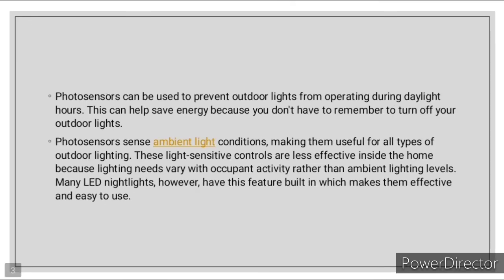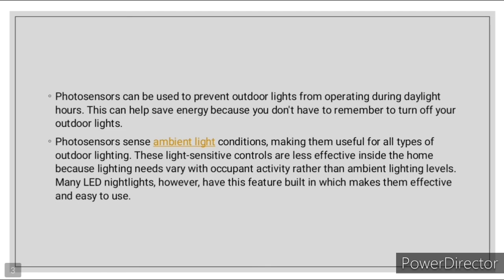Photosensors can be used to prevent outdoor lights from operating during daylight hours. This can help save energy because you don't have to remember to turn off your outdoor lights. Photosensors sense ambient light conditions, making them useful for all types of outdoor lighting.